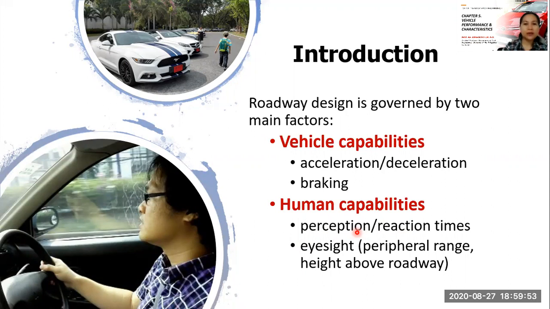Will he decide to stop, or just decelerate, or move to the other lane? Those decision-making times entail the perception and reaction time of the driver. And the second important element of the driver is the eyesight, because it allows him to see whatever is ahead, for example, the signs, or if there is an obstruction ahead, then the driver can decide to stop, and so on.